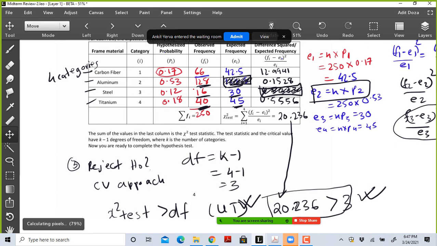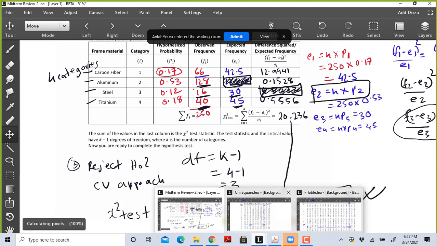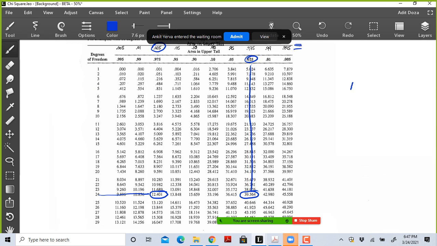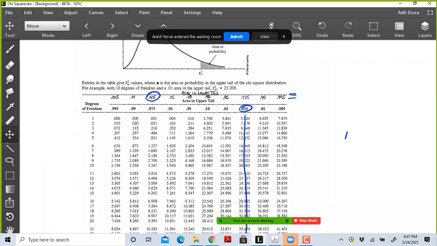You have to know why it is upper tail. Don't just blindly choose the upper tail, because for the chi-square distribution we have two tails. The lower tail is in the topmost row, and the upper tail is in the bottommost row. So 0.05 in the upper tail. Upper tail is always in the lower row.